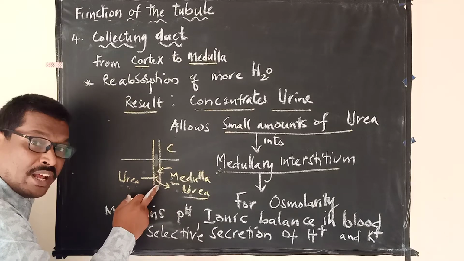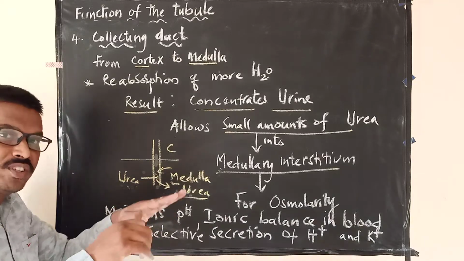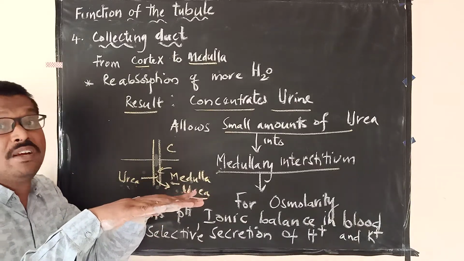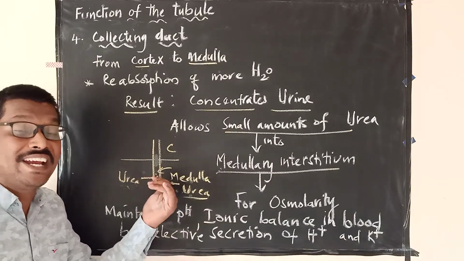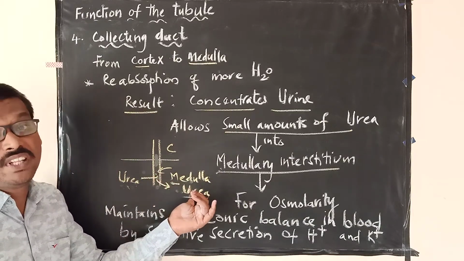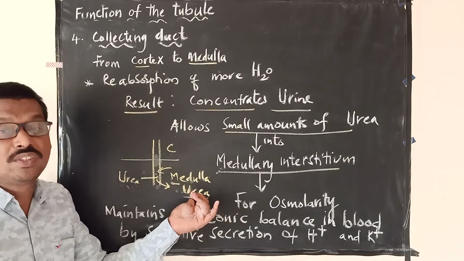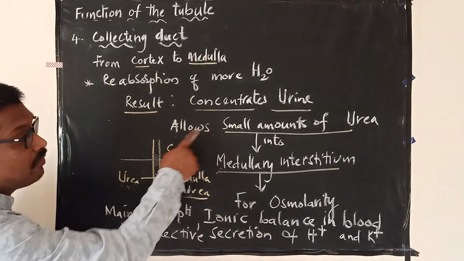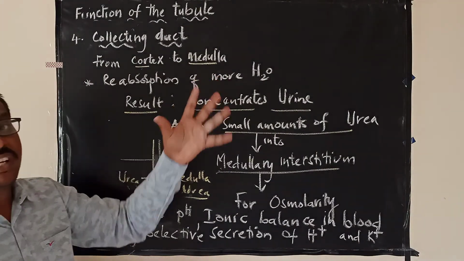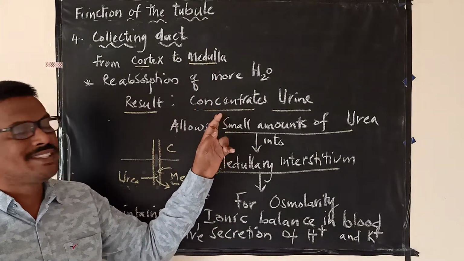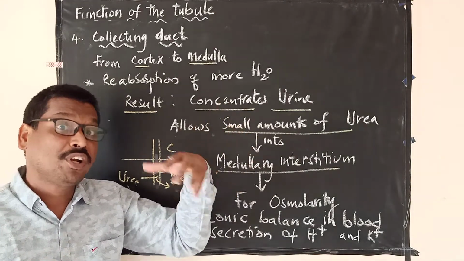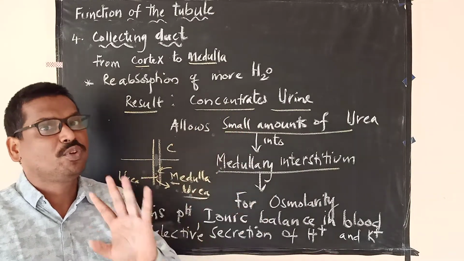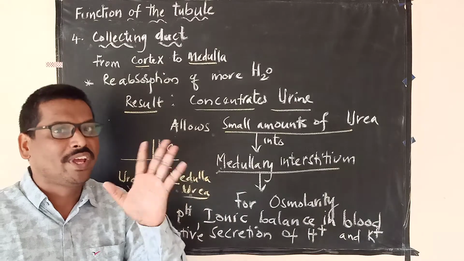Urea is also present in the collecting duct. Because of it, there will be balancing of the concentration of urea inside the collecting duct compared with the medullary region, outside the collecting duct. That's the point we have to remember. First, it is reabsorbing more water, so it is turning the urine more concentrated. At the same time, in the urine we are eliminating urea.